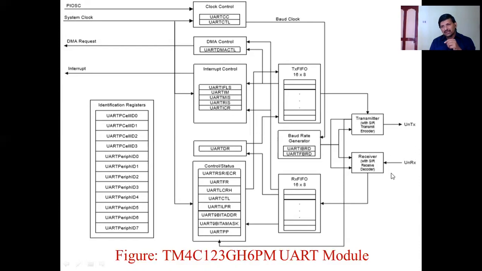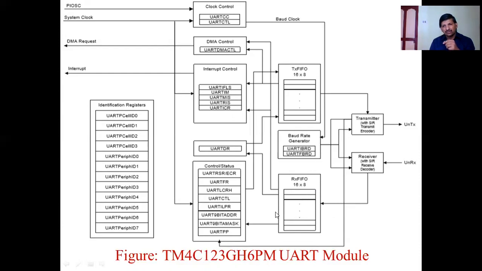Whenever it is receiving data using the UART 0 module or 1 module, like that, up to a total of 8 modules, UART 0 to UART 7, it receives any one of the modules' data, and that is decoded by using the serial infrared decoder, which gives it to the receiver buffer, that is a 16-byte buffer.